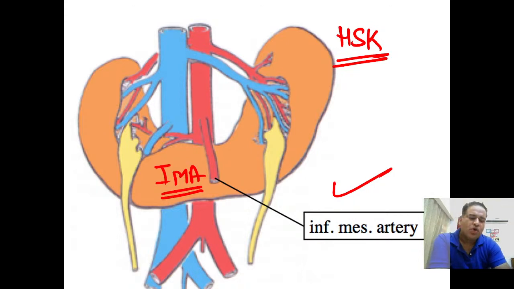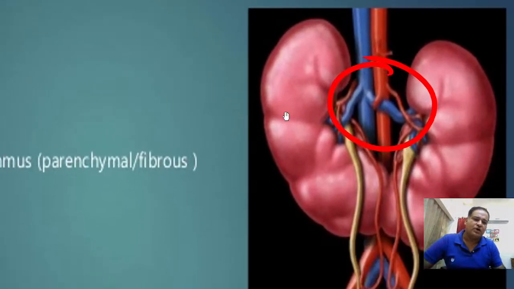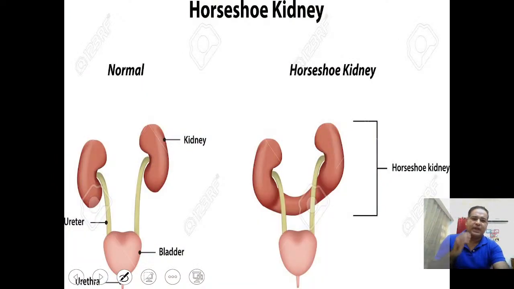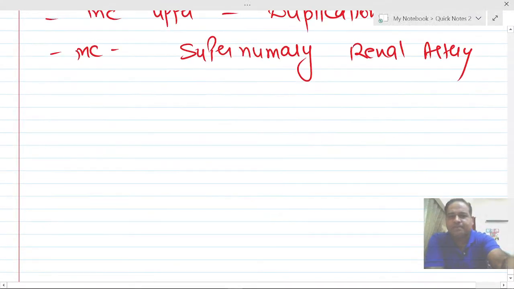The inferior mesenteric artery halts the ascent of the kidneys. It will not allow the kidneys to move up. Horseshoe kidney, so they appear like this.